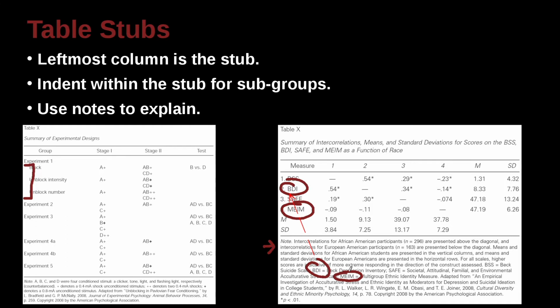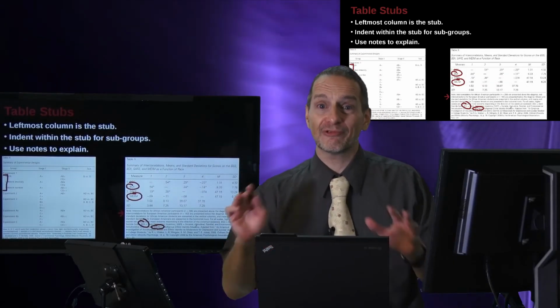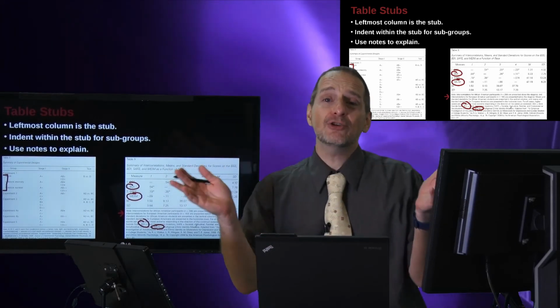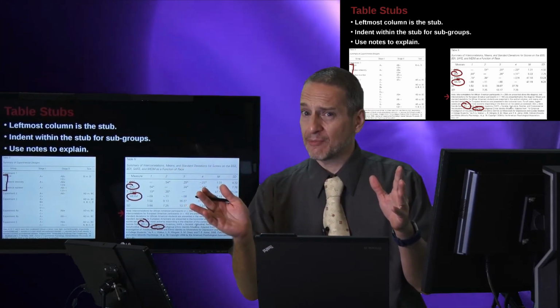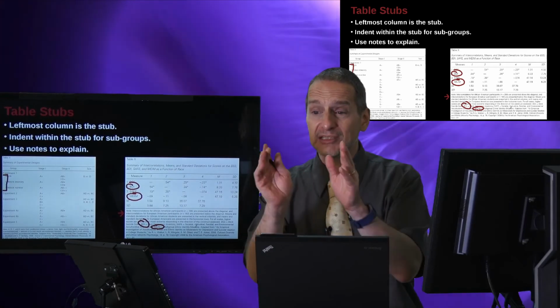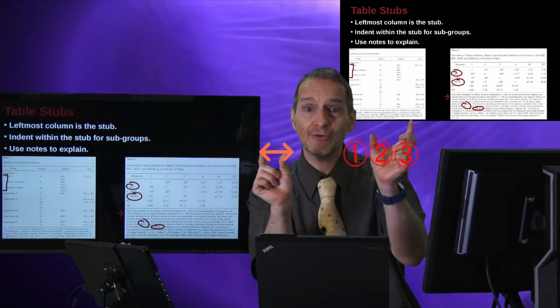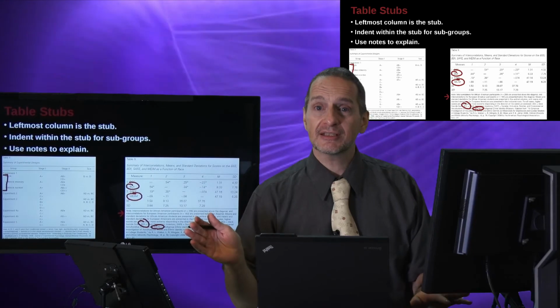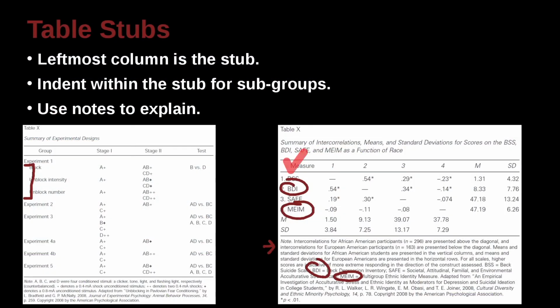And M-E-I-M is Multigroup Ethnic Identity Measure. Whoa, these are really some long phrases. So those are way too many words to put inside of a table, to put inside the stub. Remember, the stub has got to be short enough, and then you've got to have your numbers. So in this example, a really good example of using abbreviations, that's A-okay, but then you go ahead and explain it in your note.